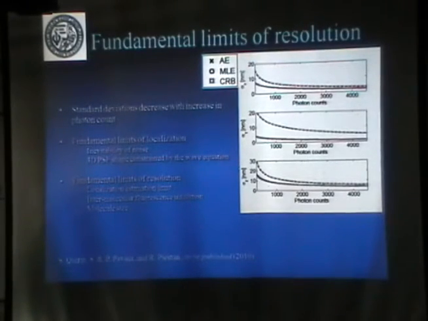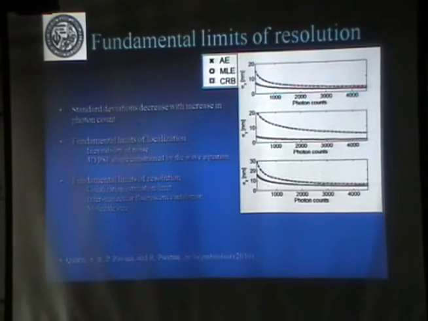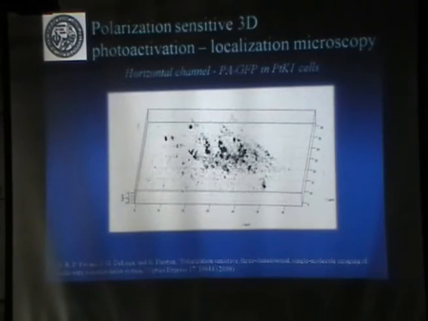So we show that there are now methods to beat the diffraction limit. Where is the limit now? The limit is clearly not diffraction, because it's not limited by diffraction. What do you think is the limit? Don't cheat.